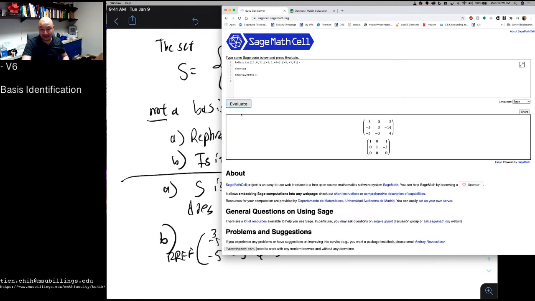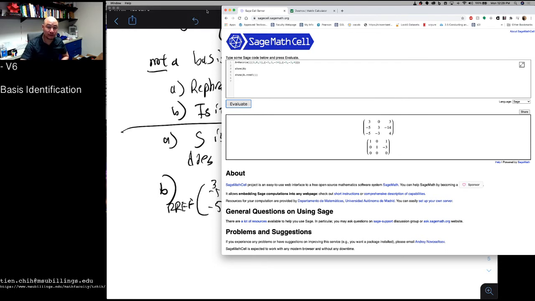When I take its reduced row echelon form, this is what I obtain: 1, 0, 0, 0, 1, 0, and then 1, -3, 0.